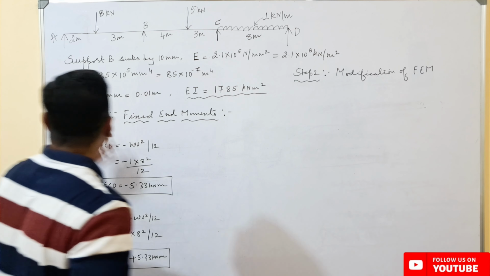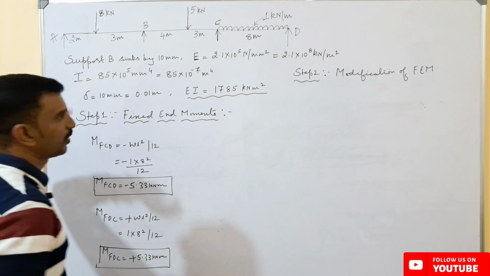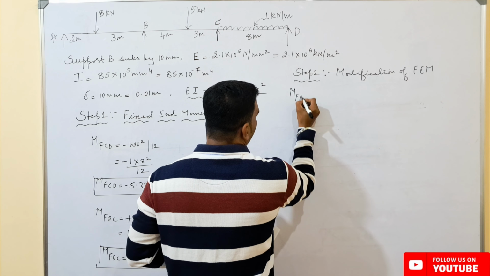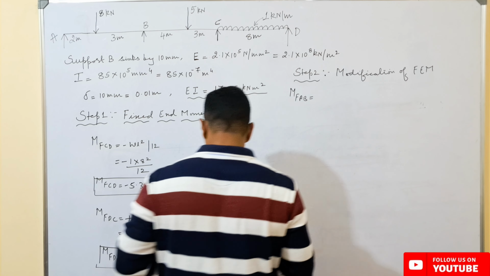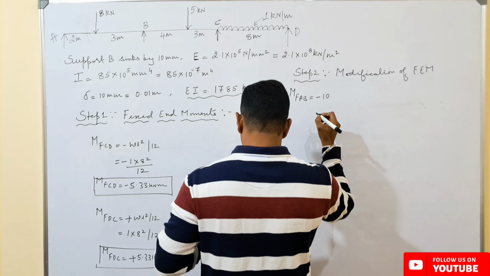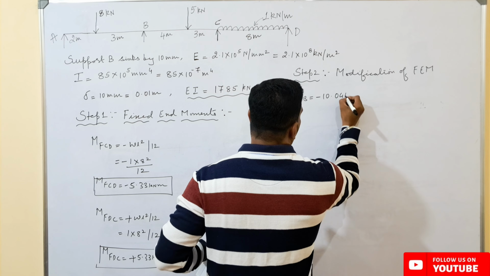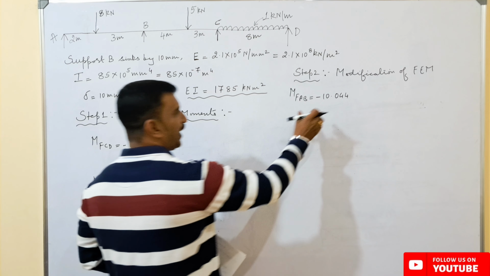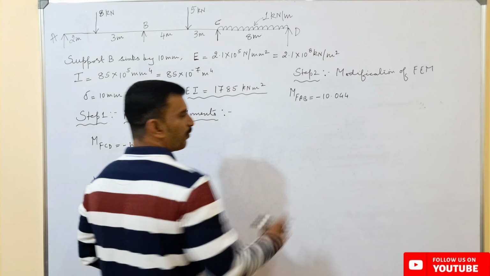See here, at support A we are having a simple support, and the fixed end moment from point A to B we have got a value of minus 10.044.